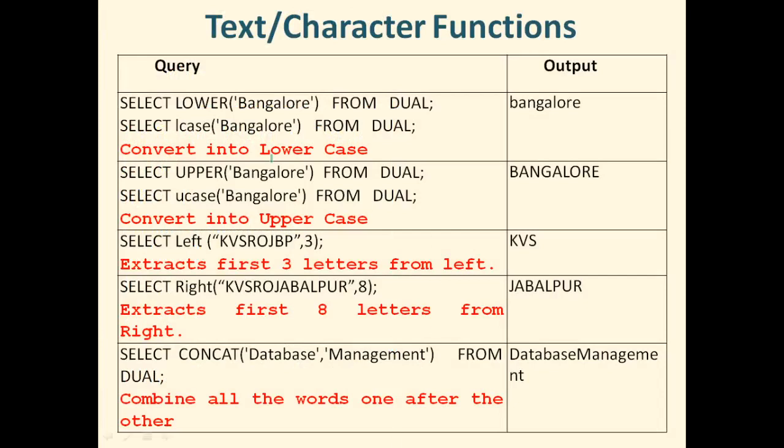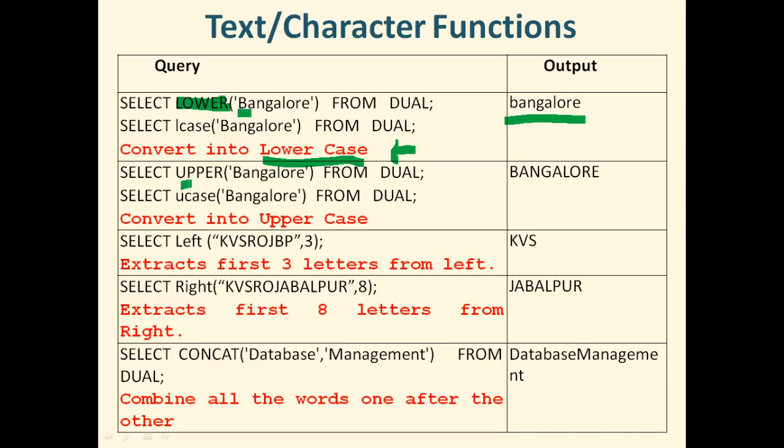The very first function that I am going to tell you about is the lower or LCase function. Students, this lower function and LCase function work equally and give the same output. That means whatever parameter you have given will be given in lower case in its output. For example, as you see here, I have given Bangalore as a parameter to the lower function, and in the lower function this is in capital letters while in the output it is all small.